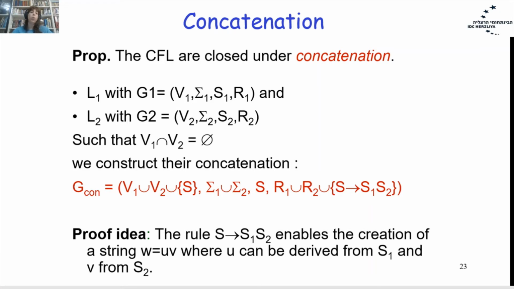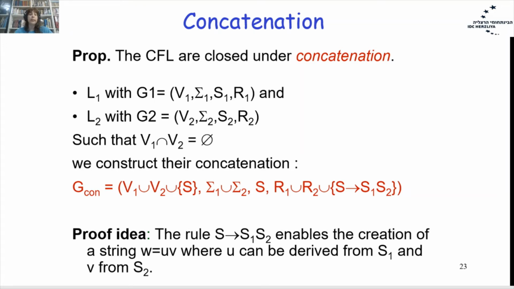We will use all the variables of the first grammar and the second grammar, V1 union V2, and we will add an additional variable S. The alphabet, the terminal symbols of both grammars, should be united: sigma 1 union sigma 2.